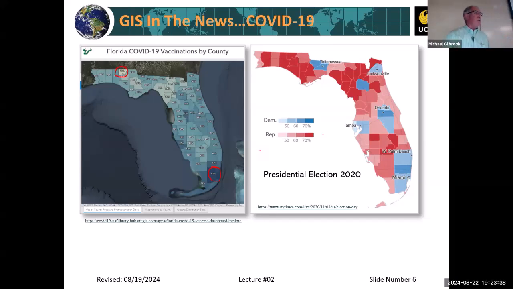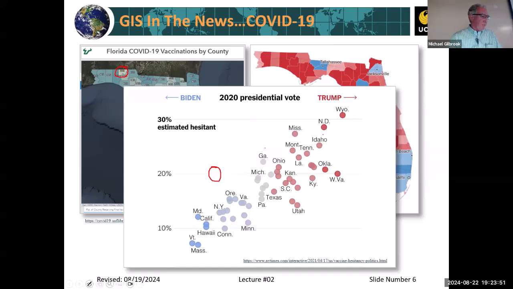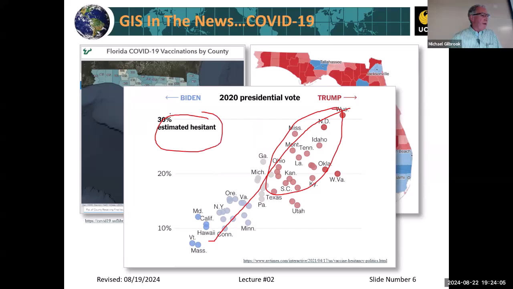And here's a case where you can actually take that spatial data and begin to work with it in a statistical environment where you can actually graph the relationship between those two factors. And you can see you end up with a pretty good linear relationship where, as a state becomes more Republican, the amount of hesitancy for getting vaccinated increases.